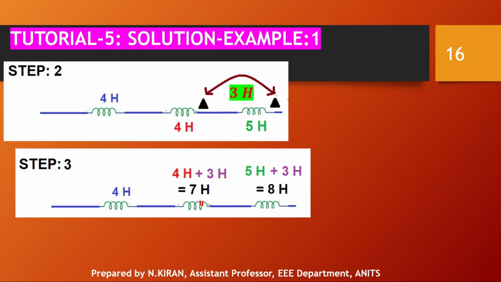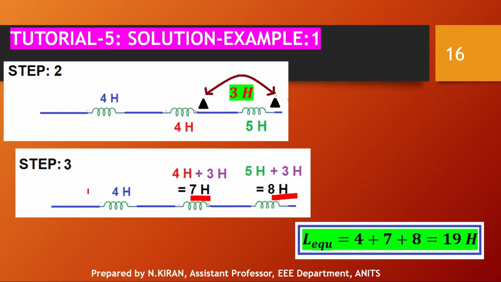In doing so, I'll get inductance value as 7 Henry in the second coil and 8 Henry in the third coil. So after eliminating all the magnetic couplings that are existing, just add the self inductances of each coil, and which will give me the equivalent inductance or effective inductance, in this case to be 19 Henry.